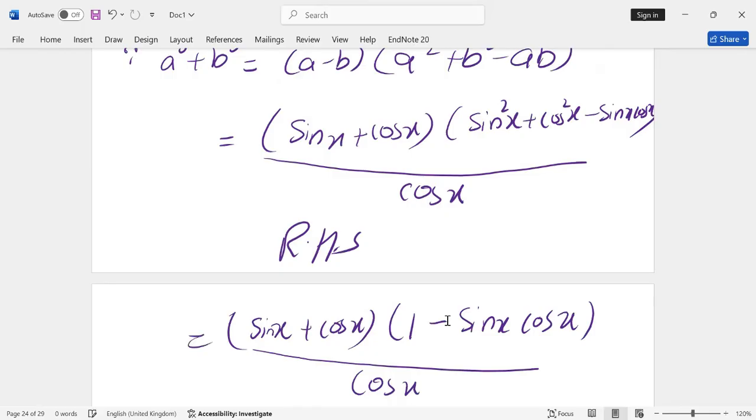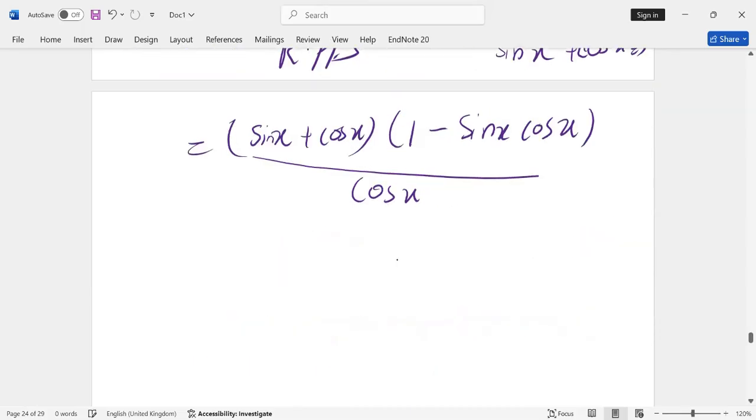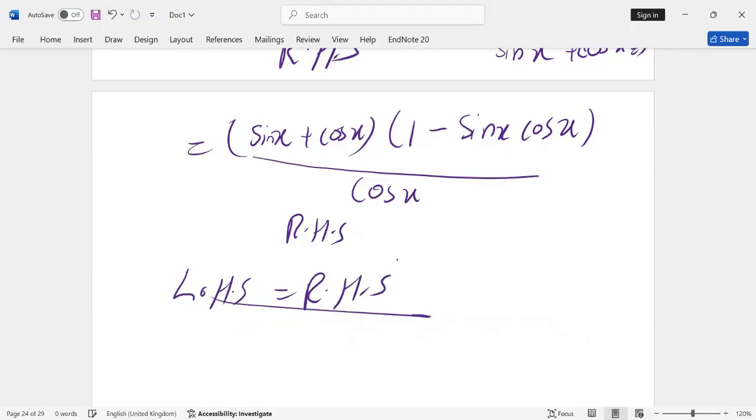Okay, this is the right hand side. So why do I write 1 over here? Because as you know, sine square x plus cos square x equals 1. I'm just putting this term equal to 1, and this is the right hand side that we have to obtain. So we say that left hand side equals right hand side, that is we have proved it.